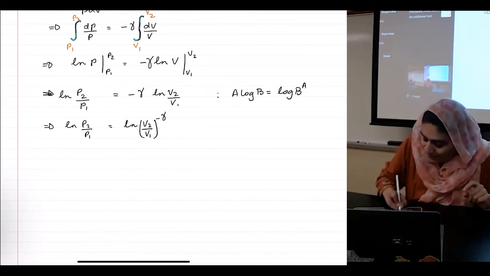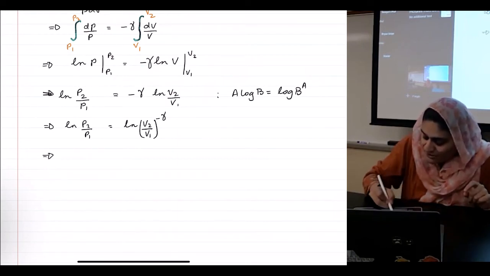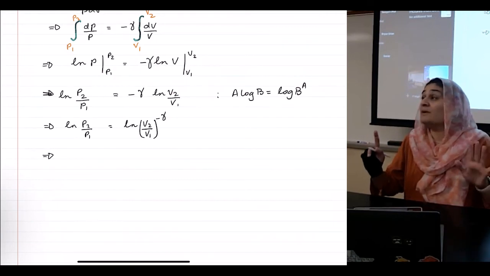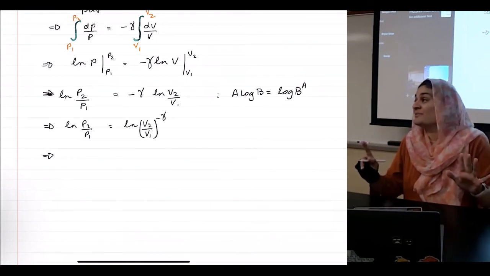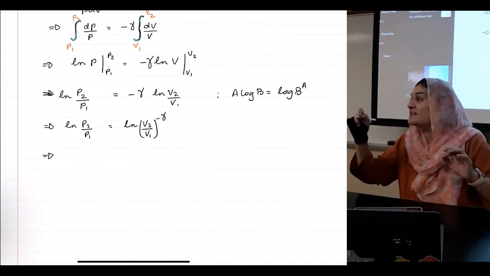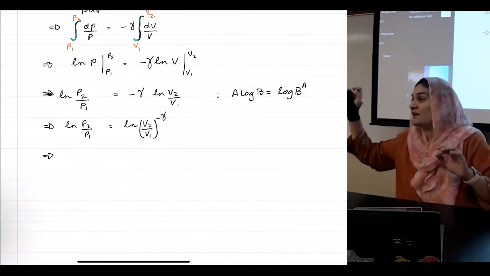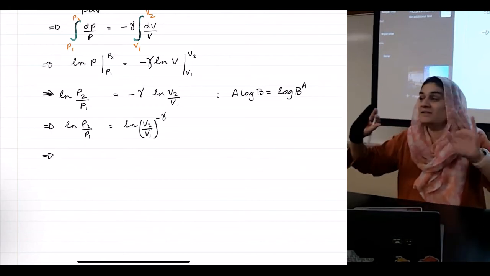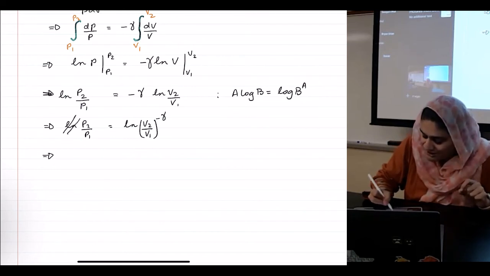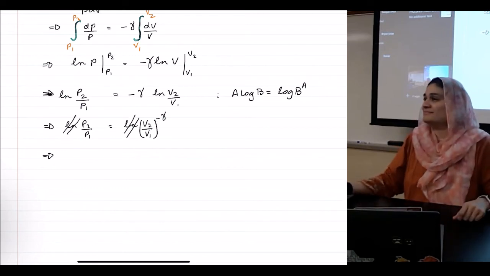Okay, so I'm going to write it. It'll make more sense. There's log on this, so this is not kosher what I'm doing right now. I am going to cancel the two logs. We know we can't cancel the two logs, right? We take the exponent of the logs and then the e cancels the log. But for right now, understanding that this is not quite kosher, may I just get rid of these two logs?